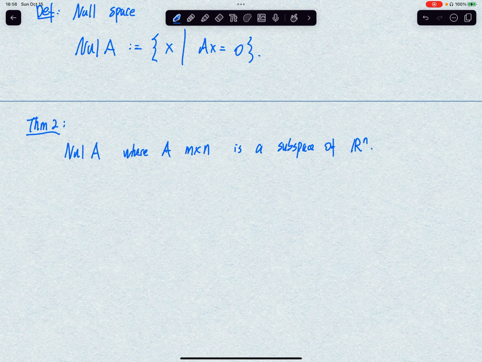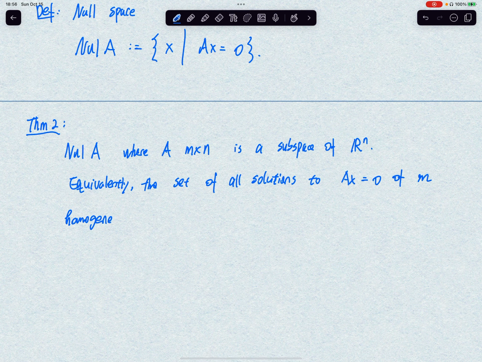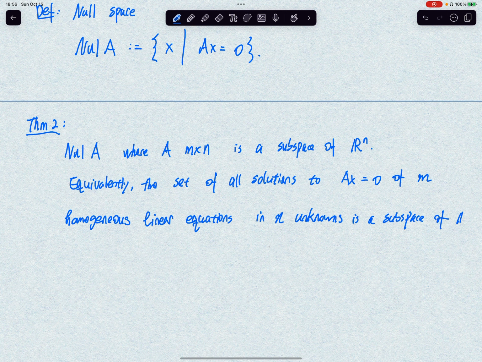And equivalently, the set of all solutions to the system Ax equals 0 of m homogeneous linear equations in n unknowns is a subspace of Rn. So let us prove this theorem.